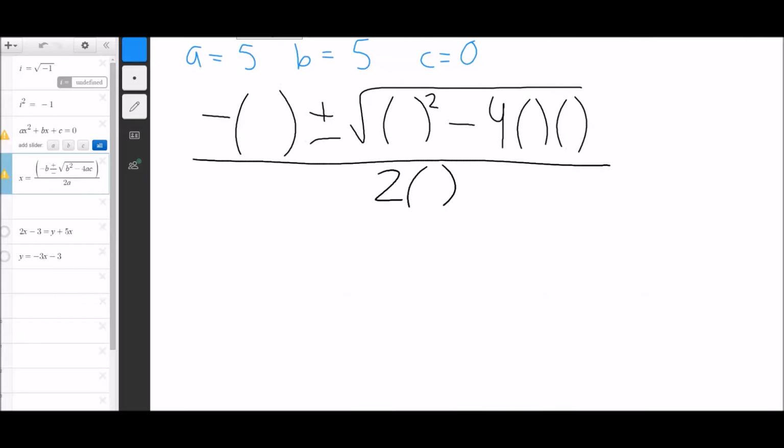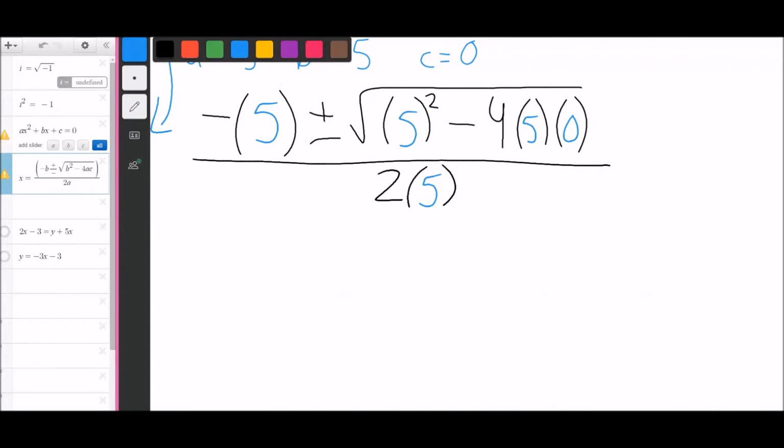So now we're just going to plug in A, B, and C to the method that is also to the left. B is 5. A is also 5. C is 0. And A is 5. So now we're just going to solve it.